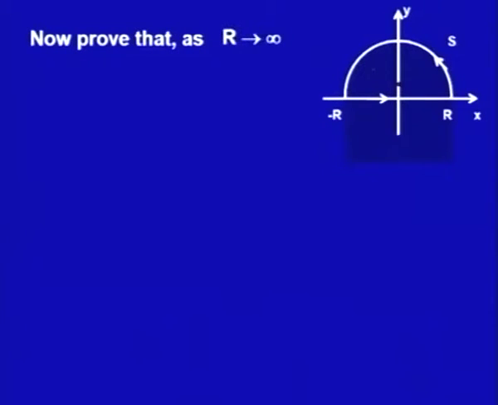We want to prove that as r approaches infinity, the integral of z e^(iz) upon z² + 2z + 2 dz on the semicircle S approaches 0.